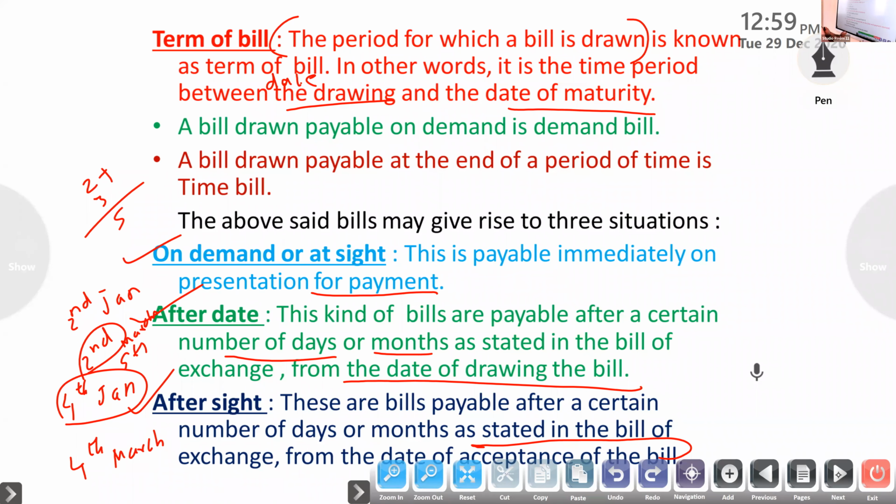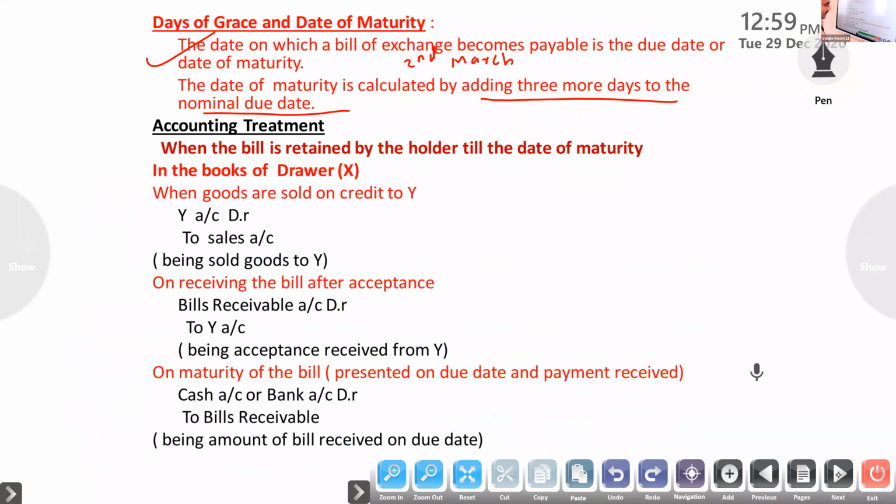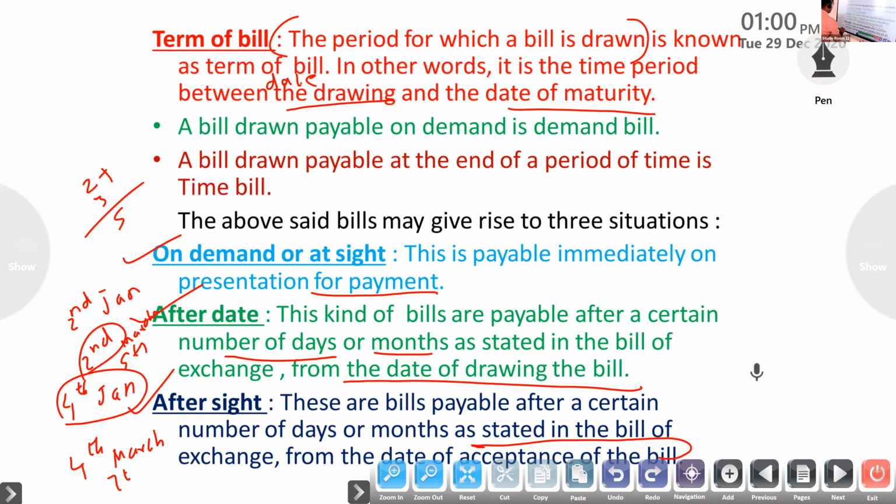So for the bill after sight, 4 plus 3, 7th March is the maturity date.